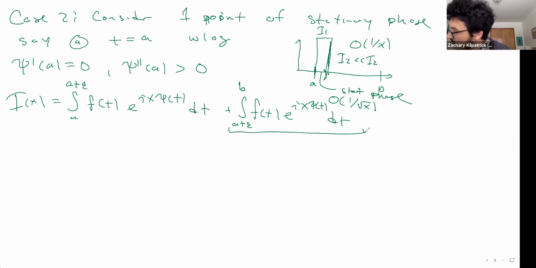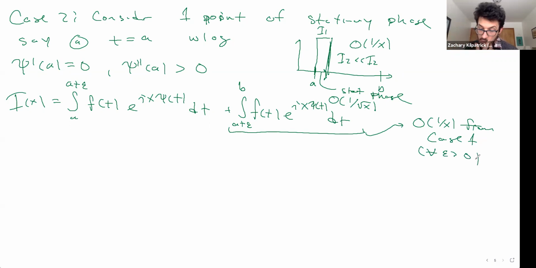As we said, this is going to be order 1 over x as reported in case 1, for any epsilon greater than 0. So we could shrink down epsilon as much as we want. And now this thing, we'll call this I1 of x.